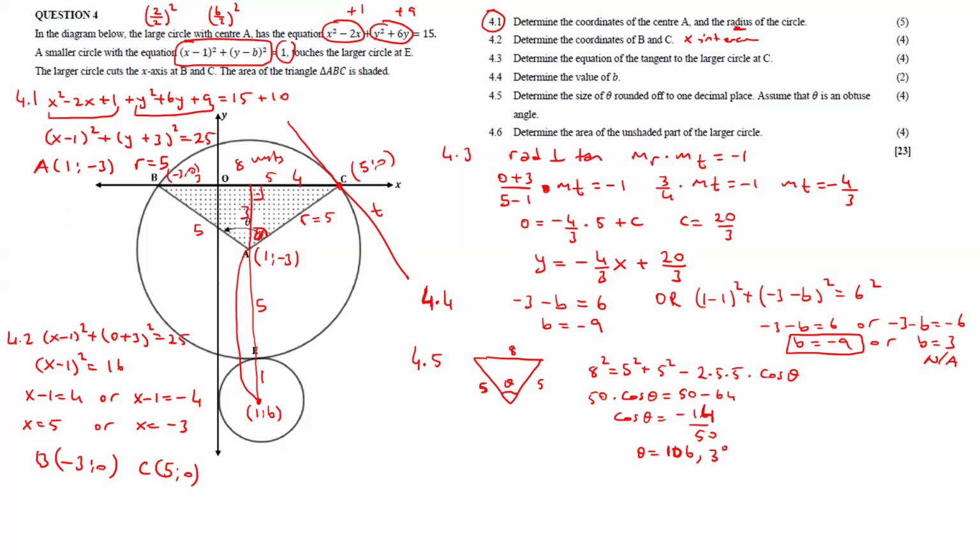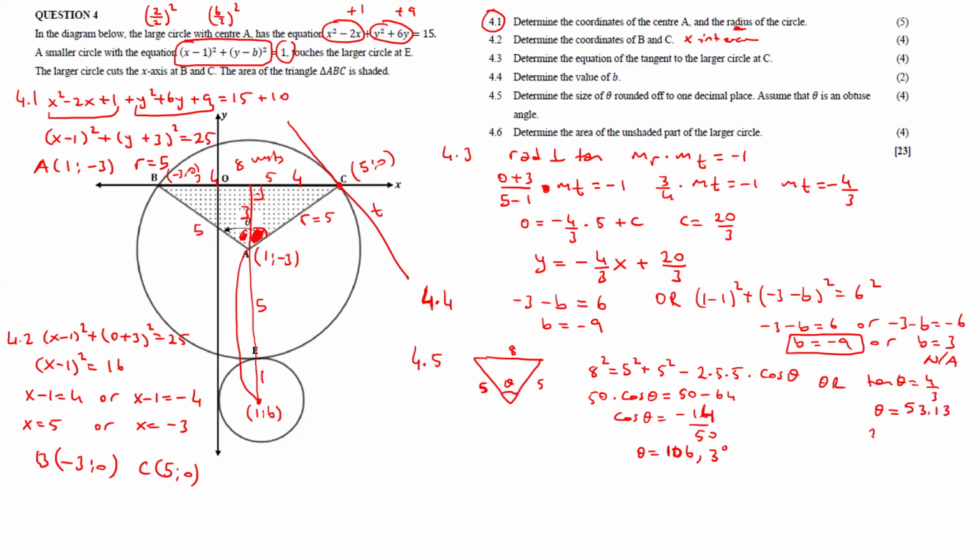You can find this angle here as tan theta is equal to 4 over 3. Shift tan of 4 over 3 gives 53,13.